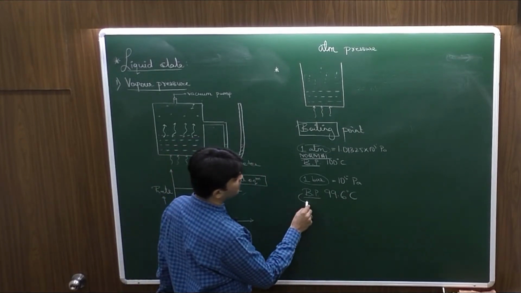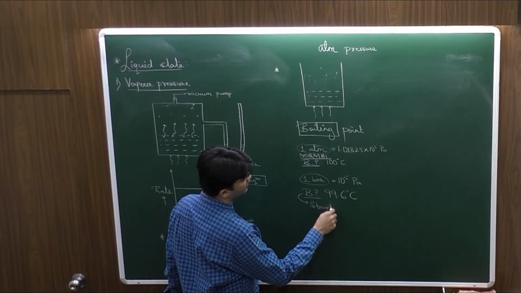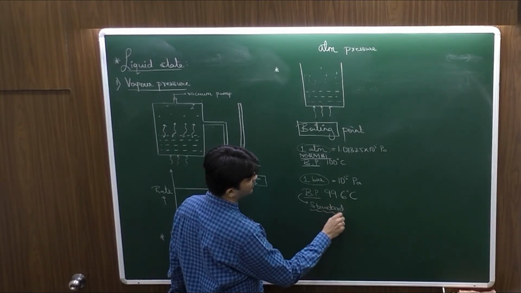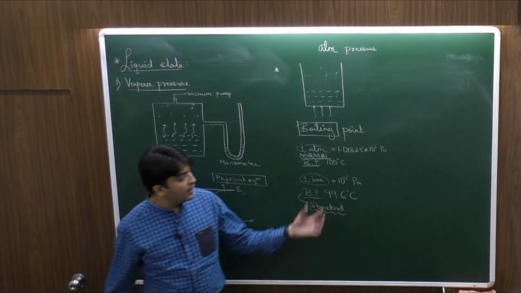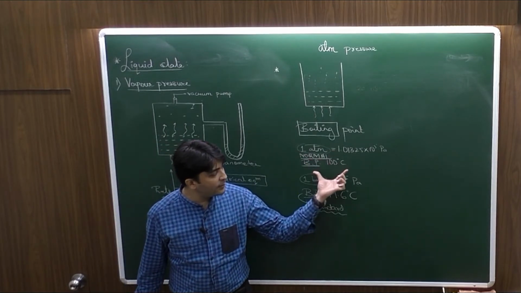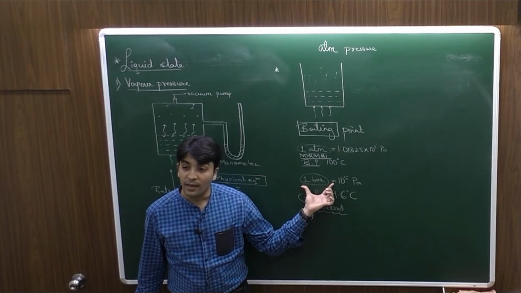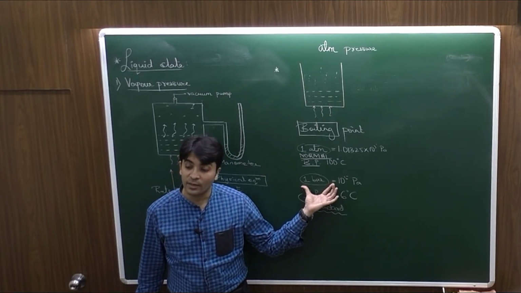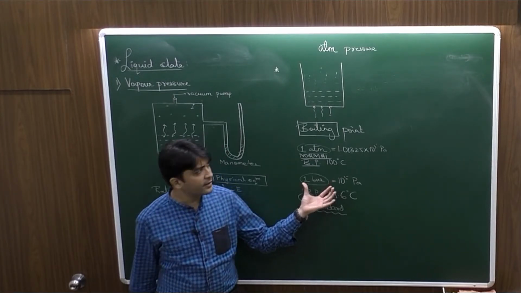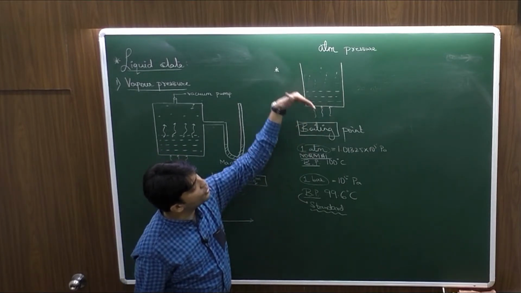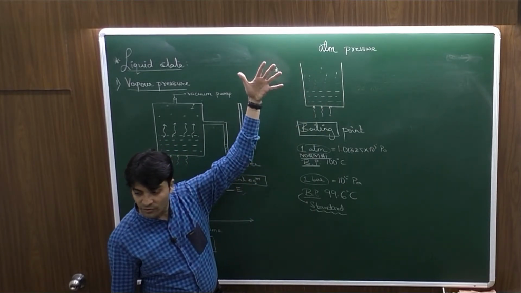And this is called the standard boiling point. So the concept is simple. At 1 atmosphere, the boiling point is 100 degrees Celsius. At 1 bar, the pressure is lesser. So the amount of heat required to boil would be lesser, because I'll require less heat to equate that atmospheric pressure.